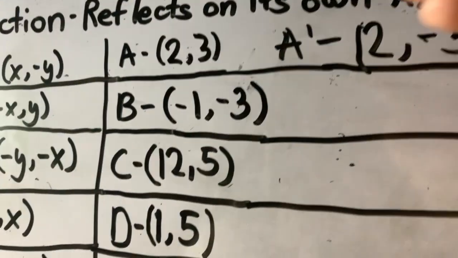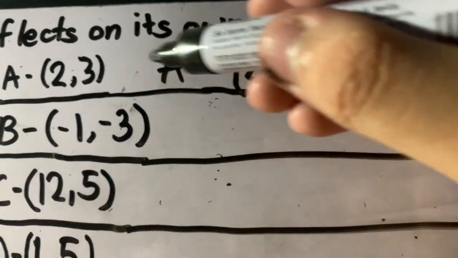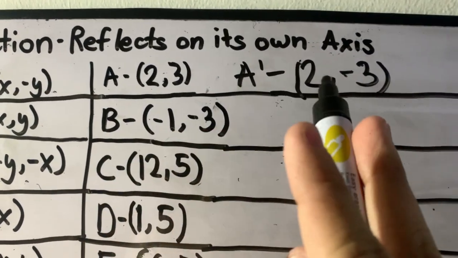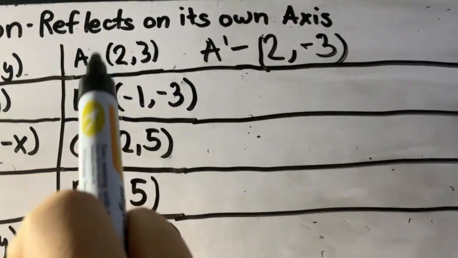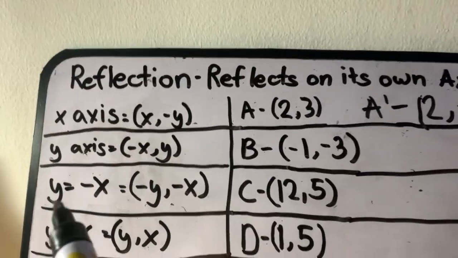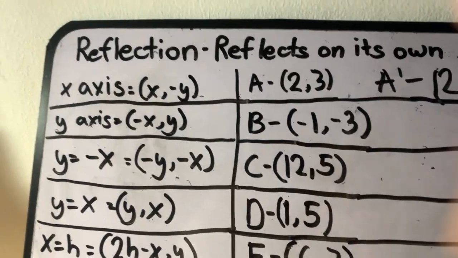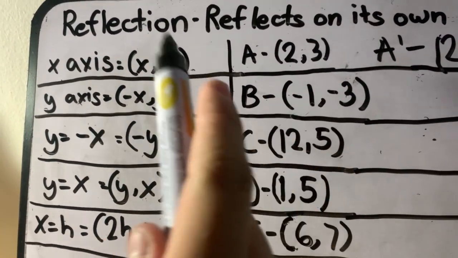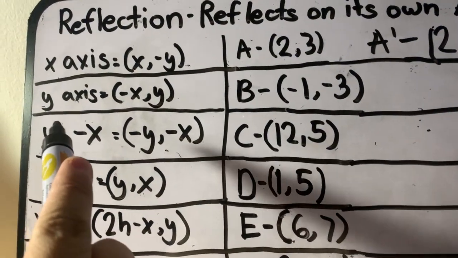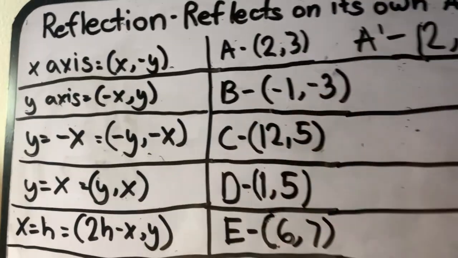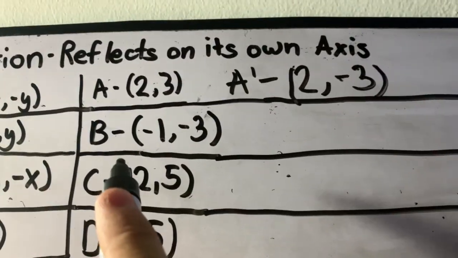-3. Now you have your answer. You also have to check it again on the graphing paper or the Cartesian plane to see if they are reflecting each other. Now we have the y-axis. Like we said, it's the same as the x-axis, but this time y is the one retained, the one not being multiplied by -1. So we have letter B here.